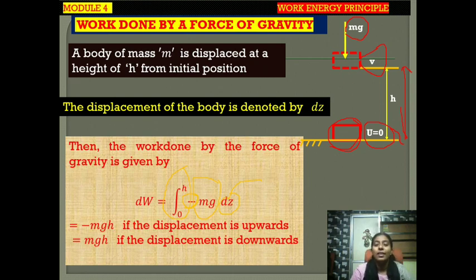So work done will be minus mgh if the displacement is upwards, and mgh if the displacement is downwards. This is nothing but the potential energy.